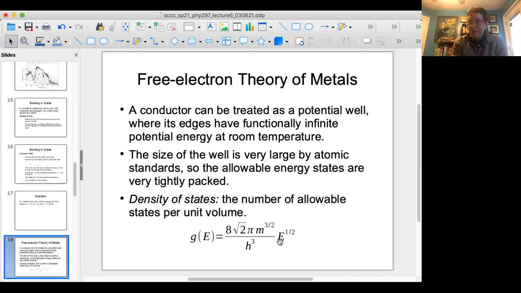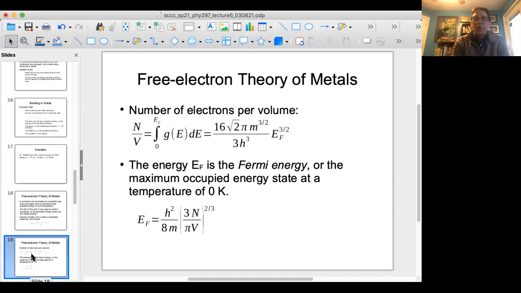The greater the energy, the more allowable states per unit volume that you have. And so for the number of electrons per unit volume, you go from 0 to the Fermi energy, which is the maximum occupied energy state at 0 kelvins.